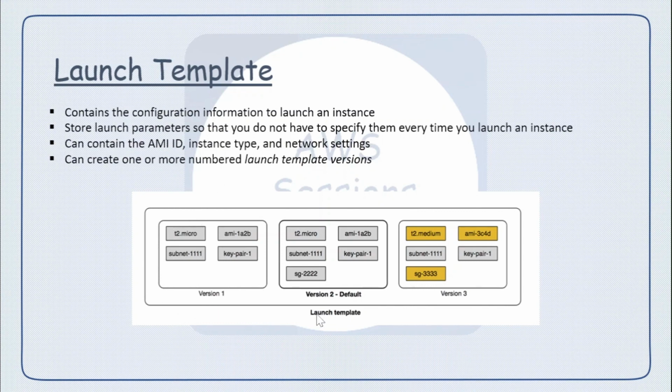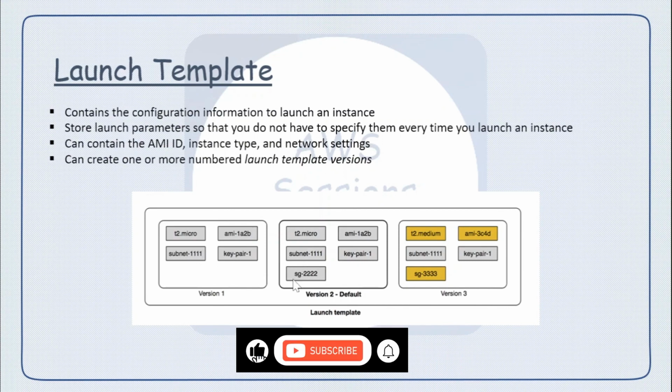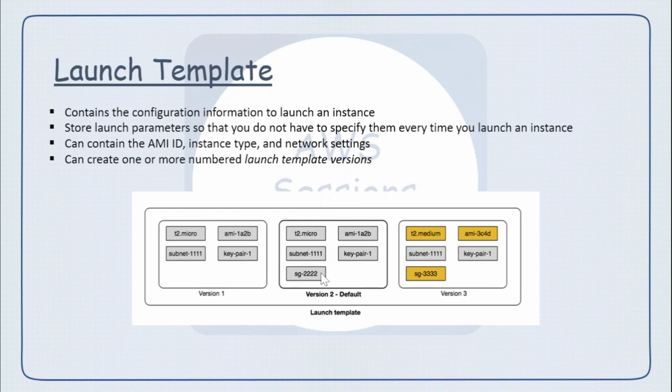So you can see here there are different versions of the launch template with slightly different information. Like here you can see what is changed. The security group is added, so the version is changed, and in the next version the security group is changed. Instance type is changed. AMI ID is changed. So it is version 3. So you can create multiple versions of the launch template.